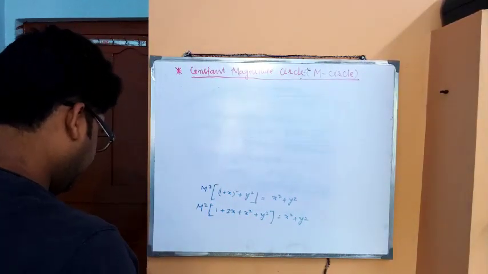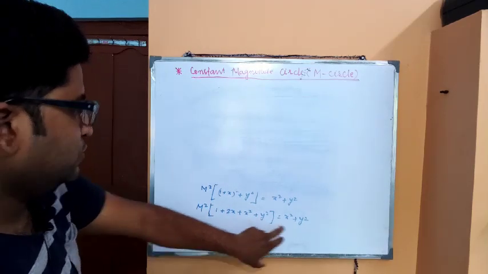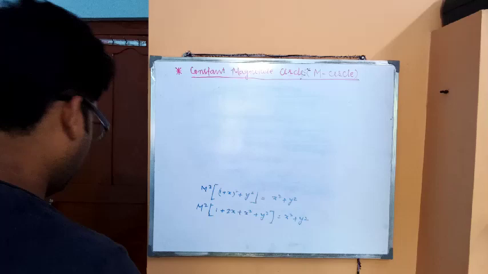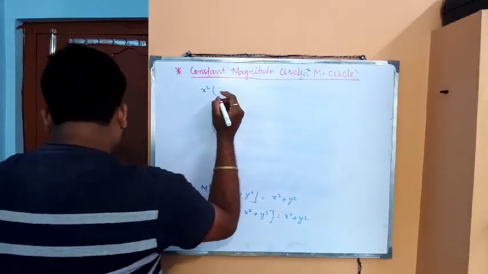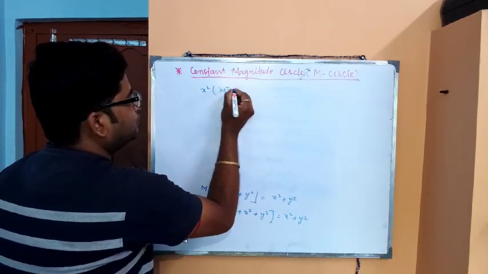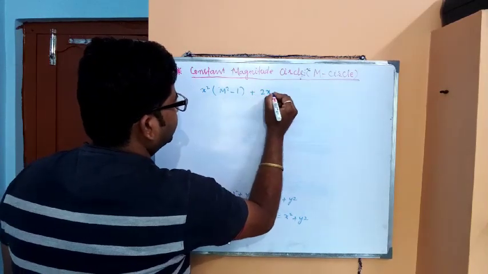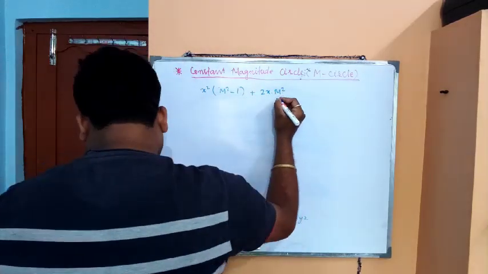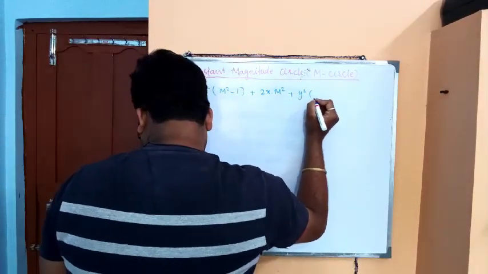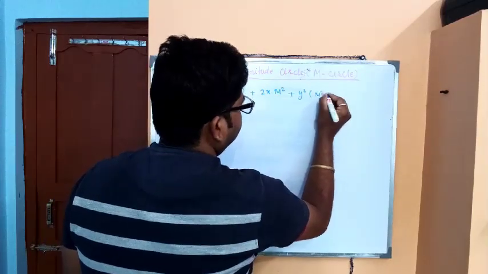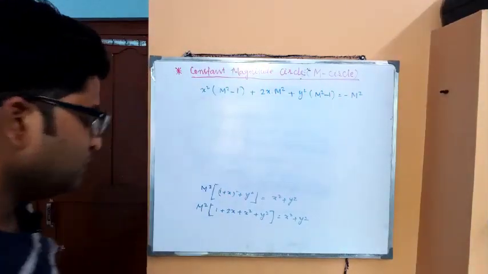Now take common x square term from here and y square term from this. Taking common, we get x square into M square minus 1, plus 2 into x into M square, plus y square into M square minus 1, plus M square is equal to 0.